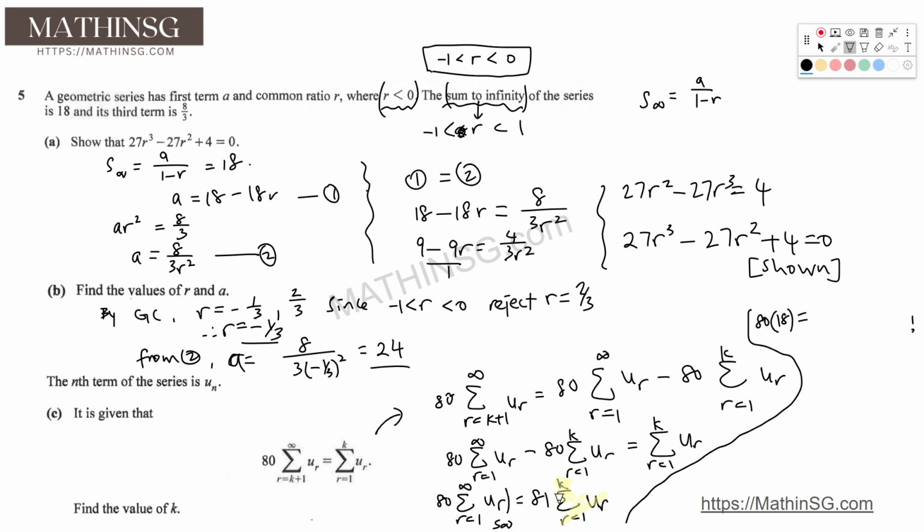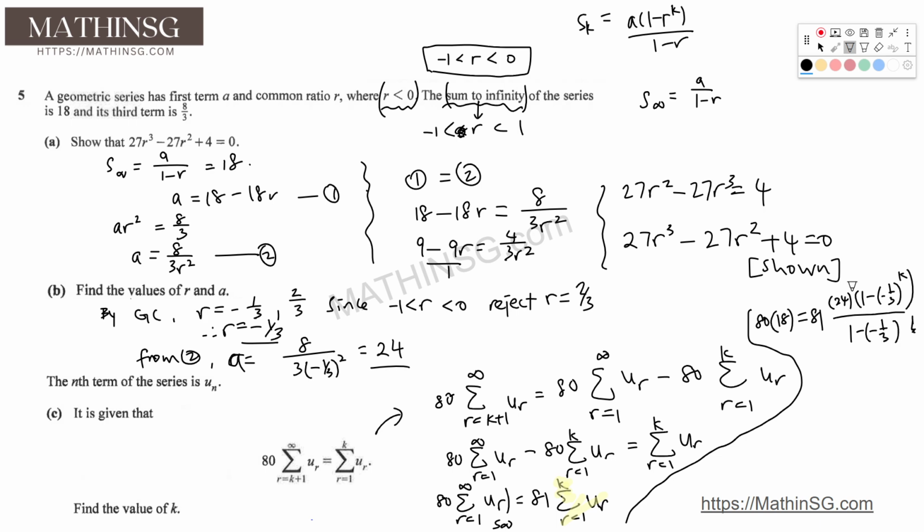Next, the sum of the first k terms is A times 1 minus R to the power of k over 1 minus R. I found A in part B, which is 24. Then 1 minus negative 1/3 to the power of k, over 1 minus negative 1/3.